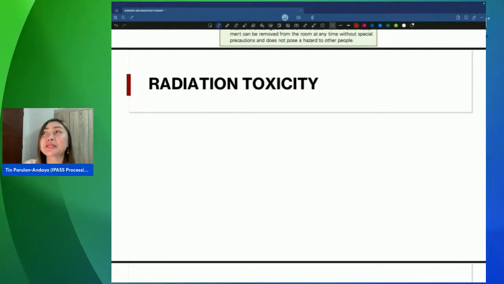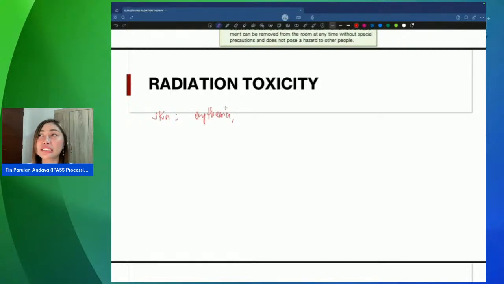Yes, because radiation affects not only the tumor but also nearby normal tissue. Very good. If the skin is affected, this will lead to redness, erythema. What else?